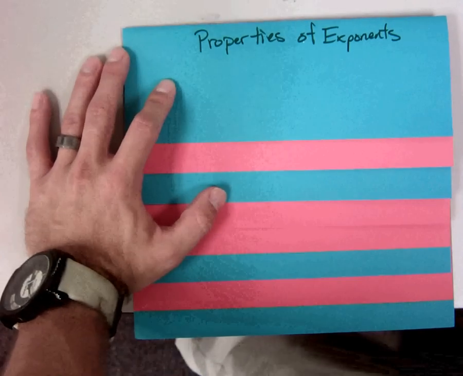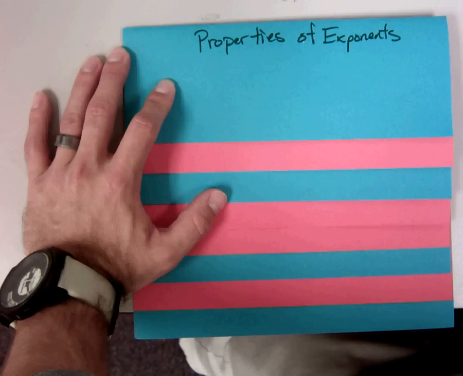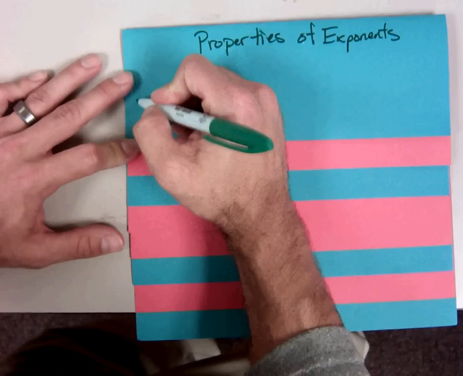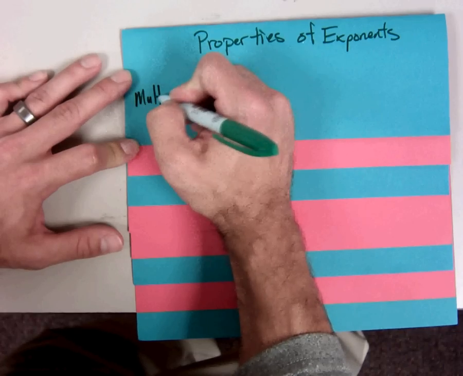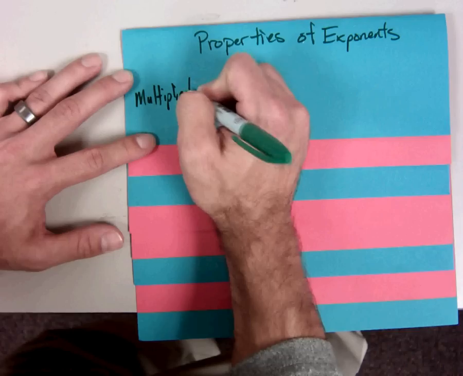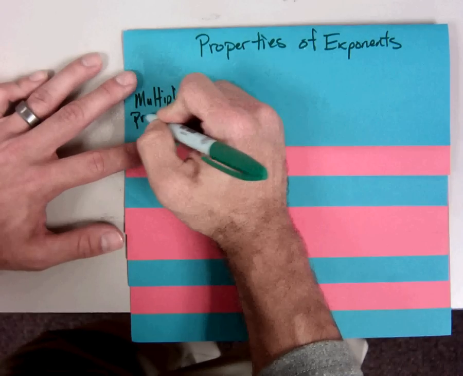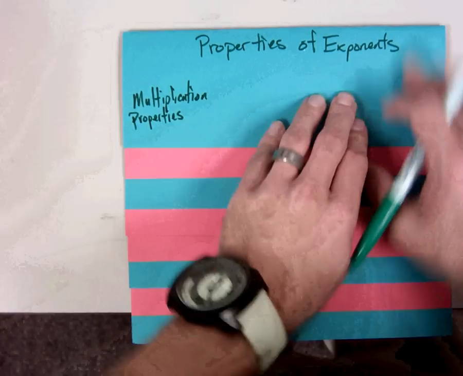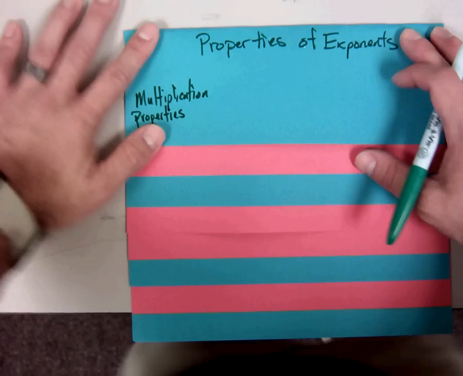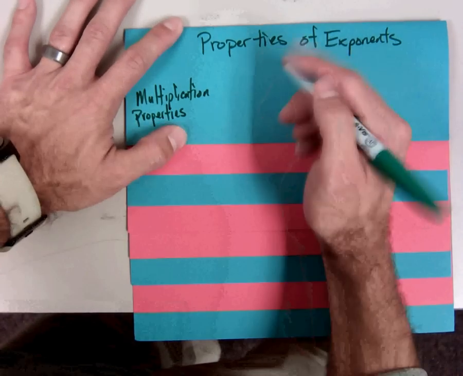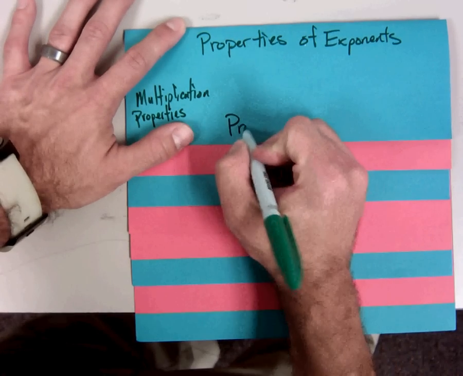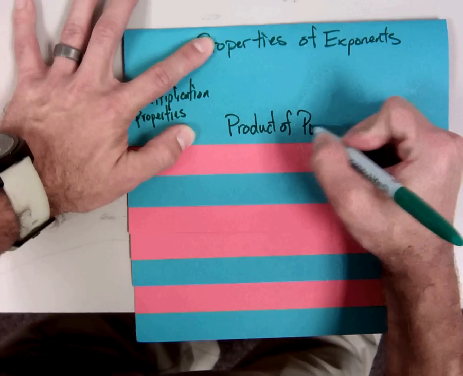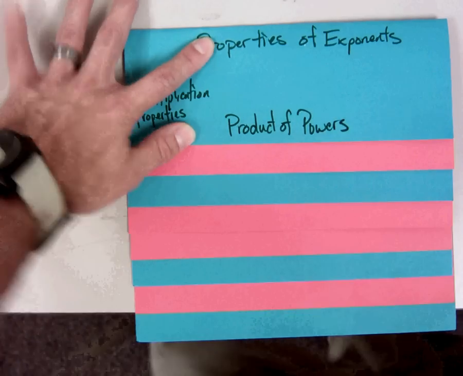here we'll be able to identify that right now we're going to be talking about the multiplication properties. And we're going to be talking about the multiplication properties first. Alright, so the first property that we're going to work with is our product of powers property.